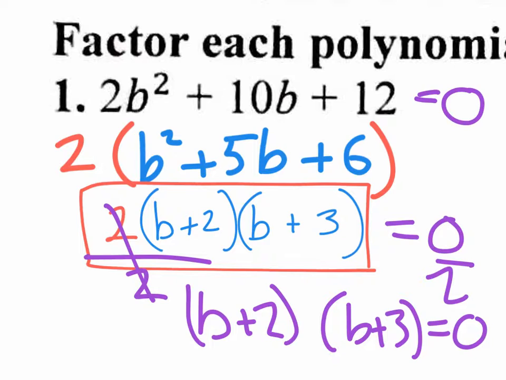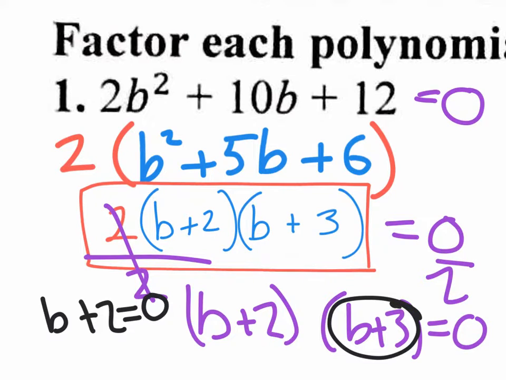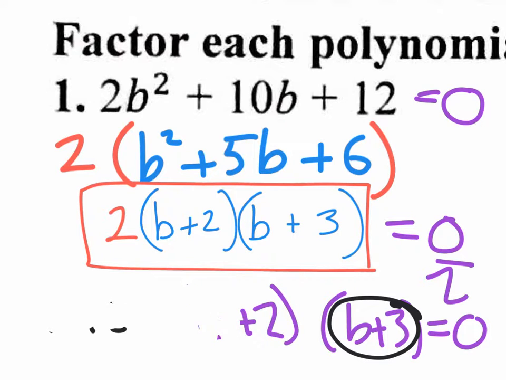And then I would have to continue solving by doing b plus 2 equals 0, and then I'd get an answer of b equals negative 2, and then I'd have to do b plus 3 equals 0, I'd get an answer negative 3. But obviously this is not an equation, so we're not going to be doing that.